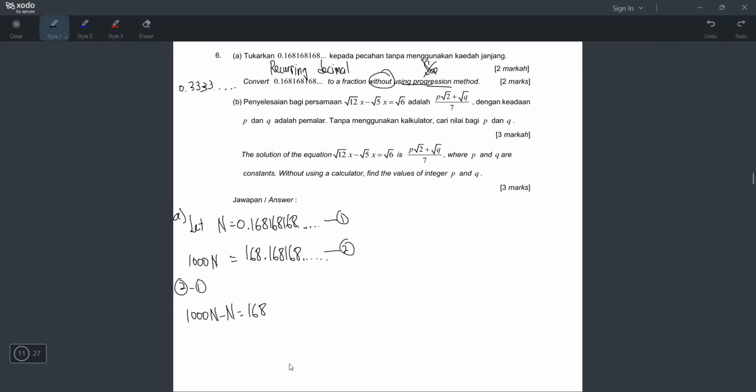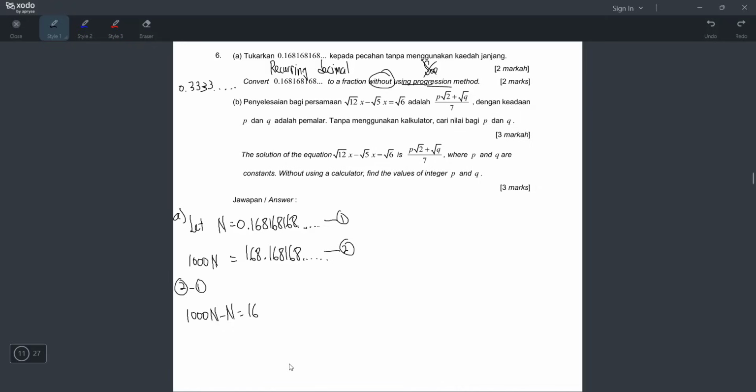Do you agree? Because when you take 168.168168 until infinity, minus 0.168168 until infinity, do you agree all these will cancel? Because when you subtract, of course, they all will get 0. So you will just be left with 168 minus 0. That's why after you subtract these two things, you will get 168.